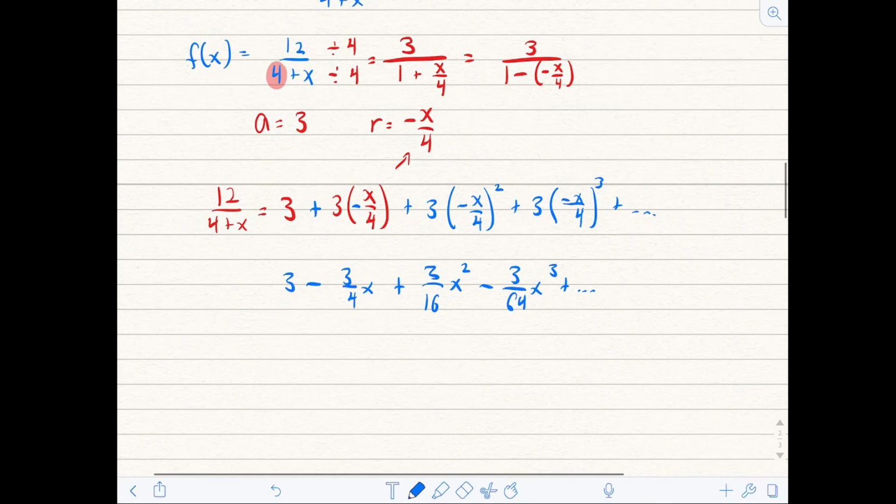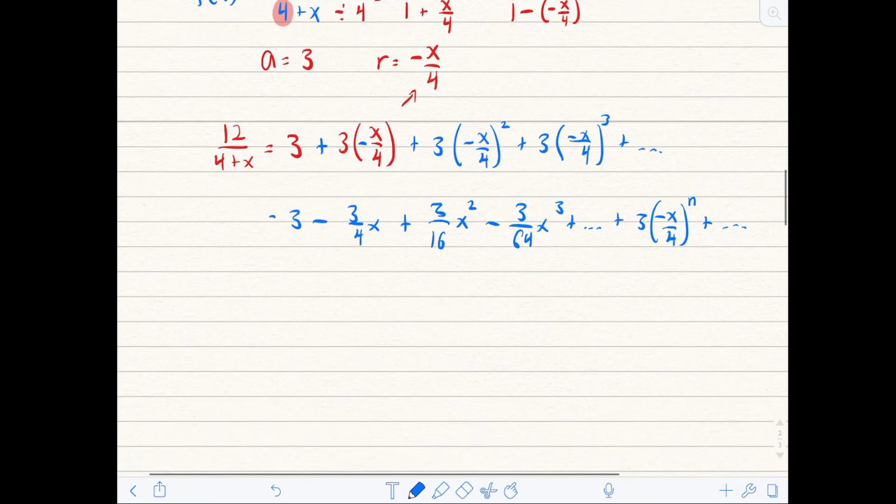And then I can see how this is changing each time. I'm going to say plus 3 parentheses negative x over 4 to the n power, plus dot, dot, dot. Okay, so that's, in a sense, my geometric series that's relating to it. Now I need to figure out where it converges. So the absolute value of r is going to be less than 1.